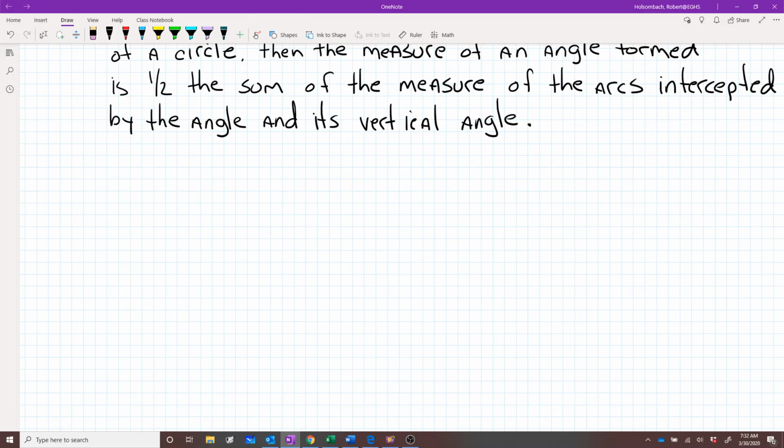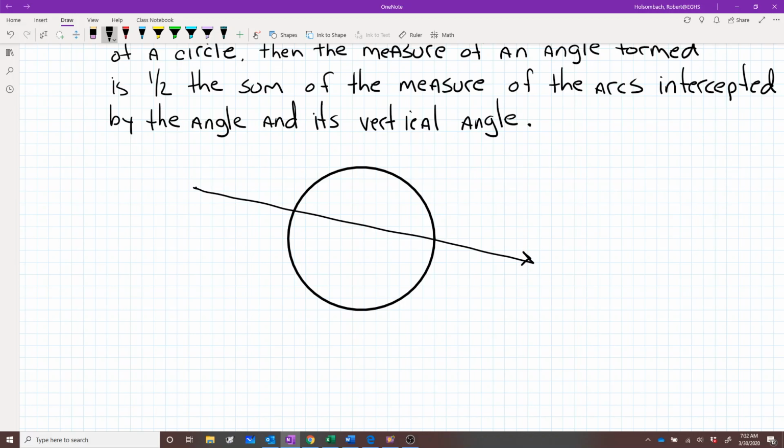So let's take this circle and then we're going to take two secants and we're going to have them intersect inside the circle. So if we take this secant and this secant, got points A, B, C, and D. We've got angles 1 and angle 2 right here.